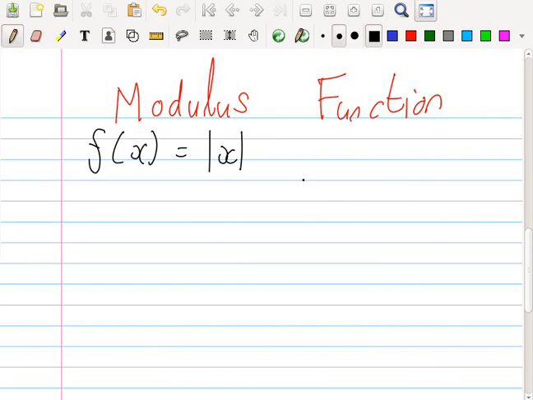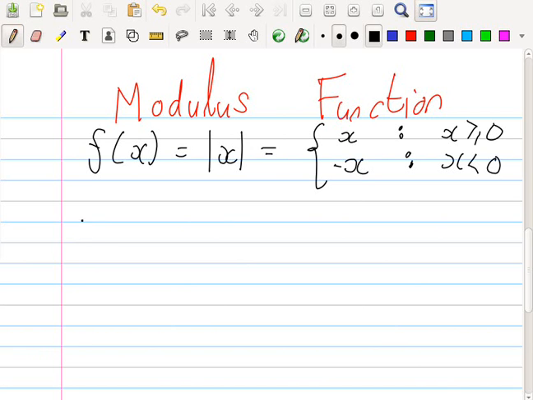So what it does is that if x is positive, then you do absolutely nothing and x is just x. There's no change. Whereas if x was negative, what you do is you flip the sign on your x, making it positive.